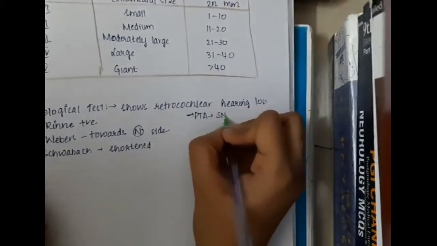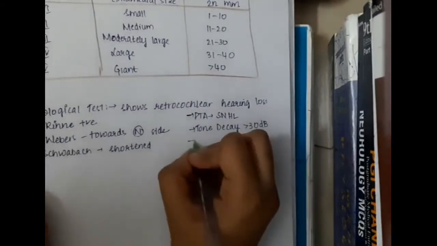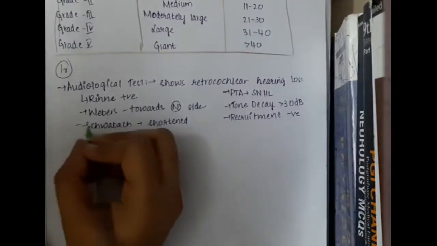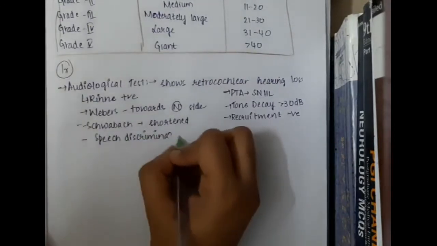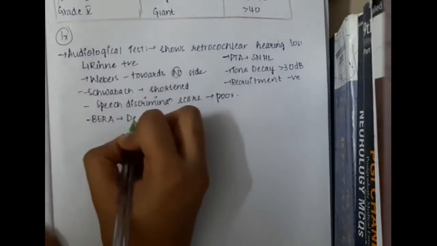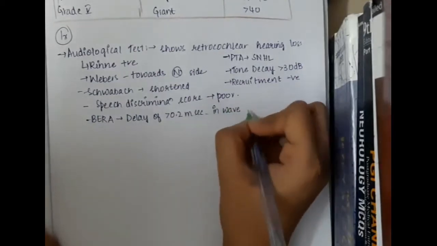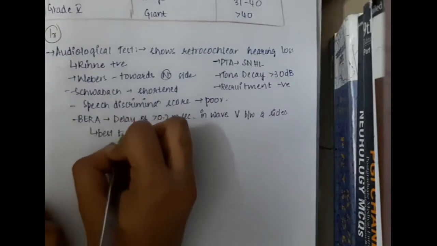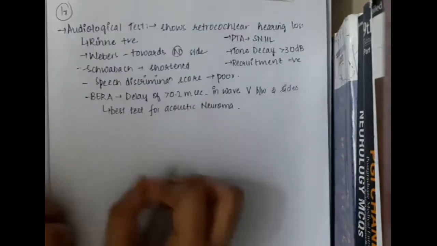Pure tone audiometry shows sensorineural hearing loss, tone decay is more than 30 decibels, and recruitment is negative. The speech discrimination score is poor. Brainstem evoked response audiometry shows a delay of more than 0.2 milliseconds in wave 5 between the two sides, and this is actually the best test for acoustic neuroma.